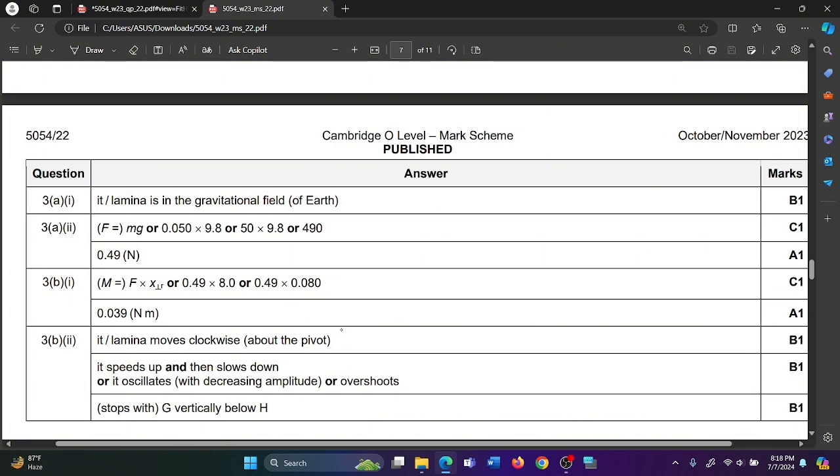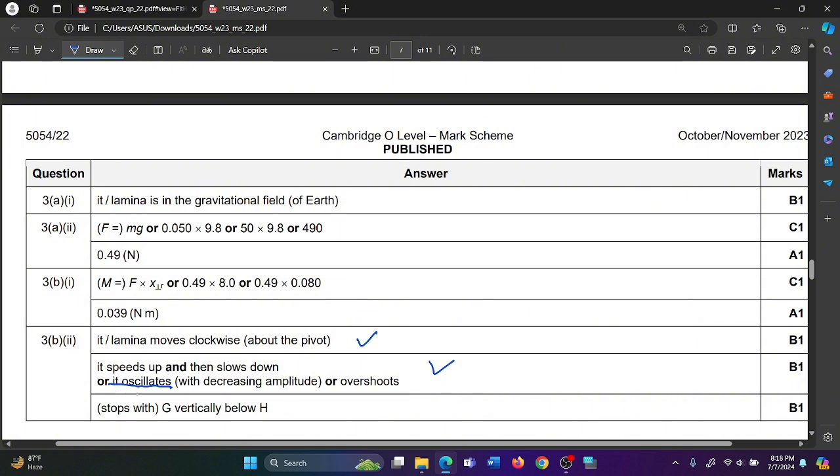In the second mark, what does it say? For the second mark, we needed to write it oscillates. Yes, it speeds up and then slows down, or it oscillates. So we did write it oscillates. Thus, we got the second mark as well. With decreasing amplitude, we don't need to, as this is also in brackets. Thus, we do not need to write decreasing amplitude or overshoots.